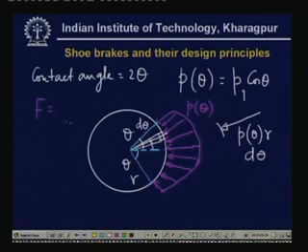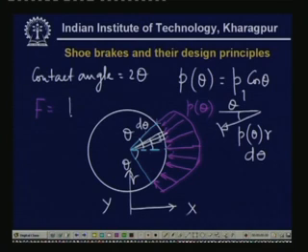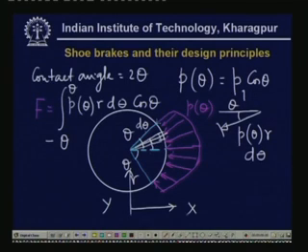Now of course F is nothing but the total force along the x direction. If this is the x axis and this is the y axis, the net component is here, this angle is theta, so the net component is p theta r d theta cosine theta. So F is equal to the integral of p theta r d theta cosine theta, and we have to integrate from minus theta to theta.